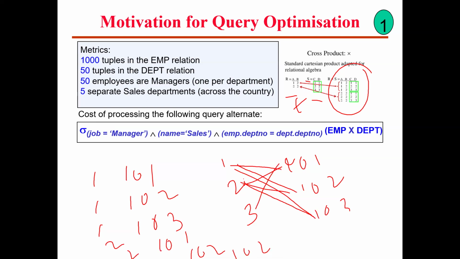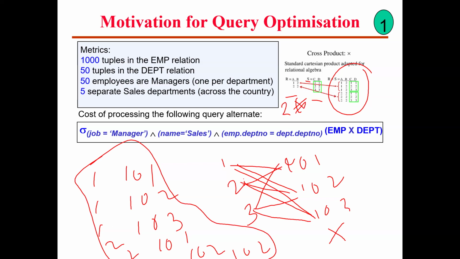Then 3 with 101, 3 with 102, and 3 with 103. This is called the cross product. How many entries will we have in the big table after the Cartesian product? With 2 here and 3 there, we have 2 times 3, so 6 entries: 1, 2, 3, 4, 5, 6.